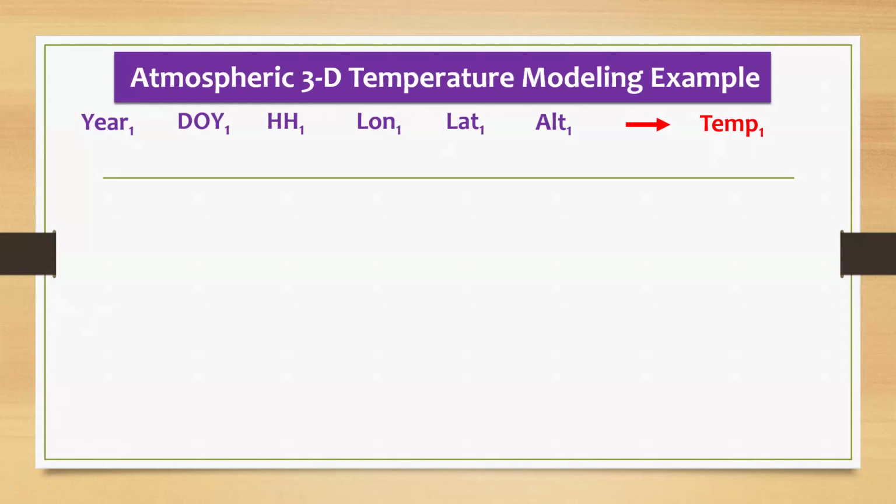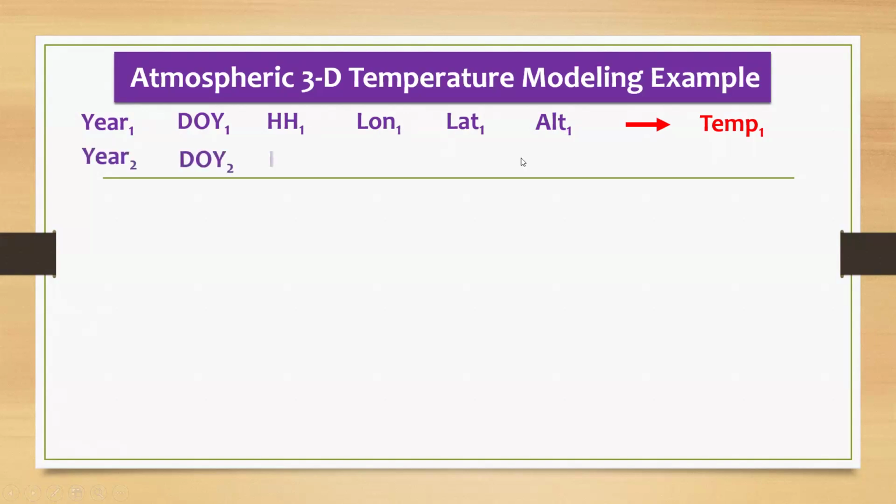We tell it precisely the hour as a fraction, so the hour can be 5.235, meaning somewhere around 5 a.m. in universal time. Those are the three inputs we are using for time. And then for space, we're using the longitude, the latitude, and the altitude for that temperature measurement. So we supply that, and then we tell it that this was the temperature value.